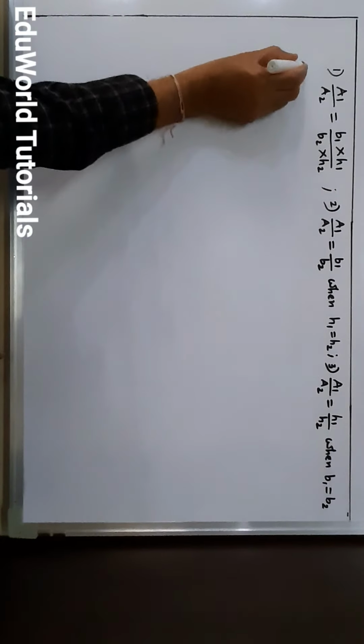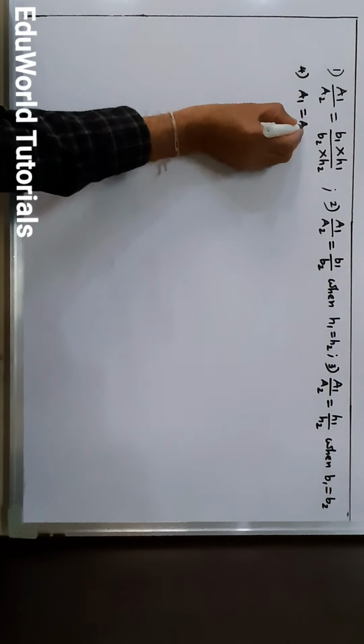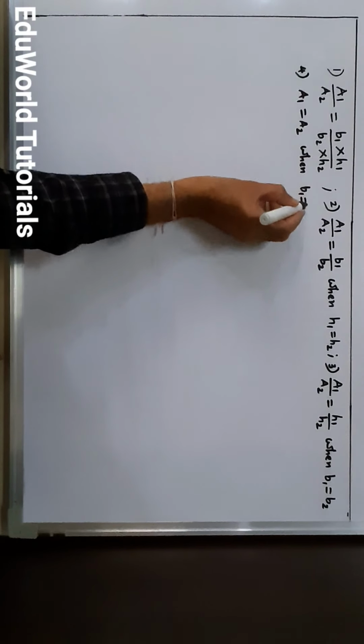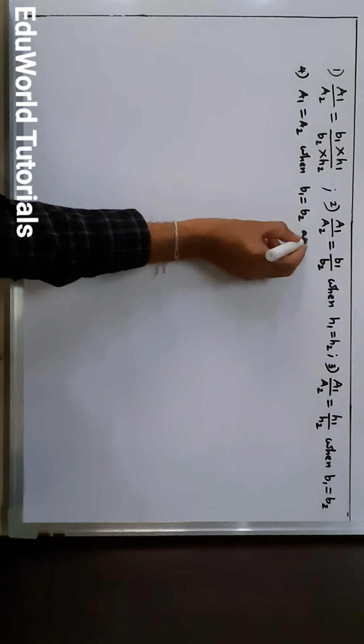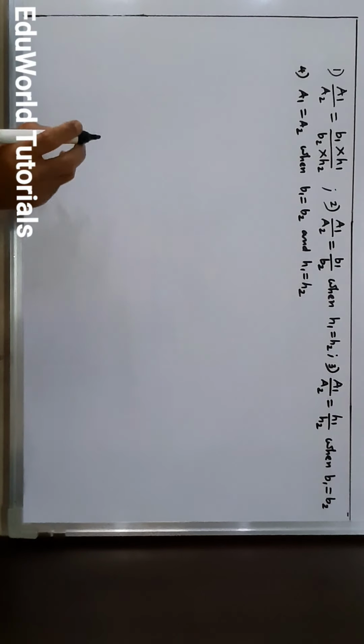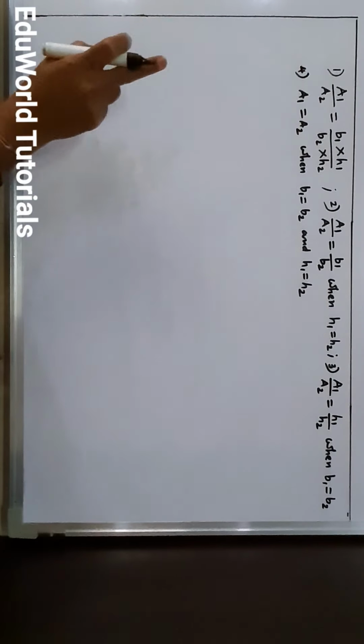And the fourth one, A1 is equal to A2 when B1 is equal to B2 and H1 is equal to H2. Even we had seen one sum based on this property, that was an extra sum.